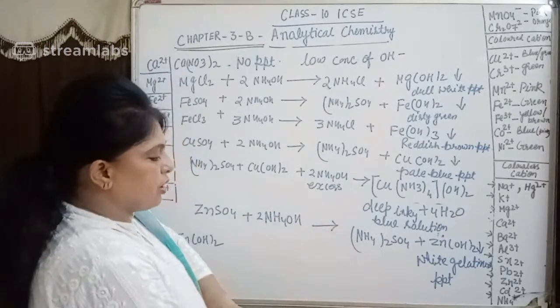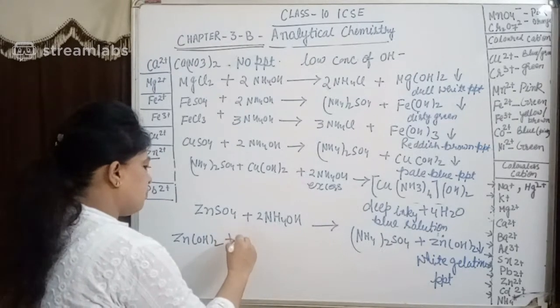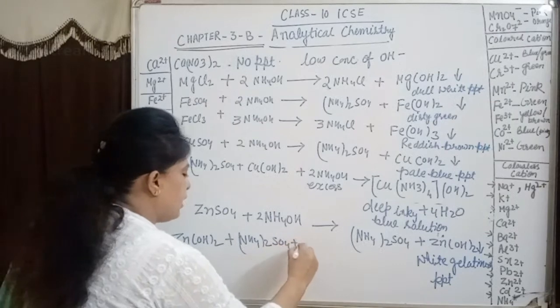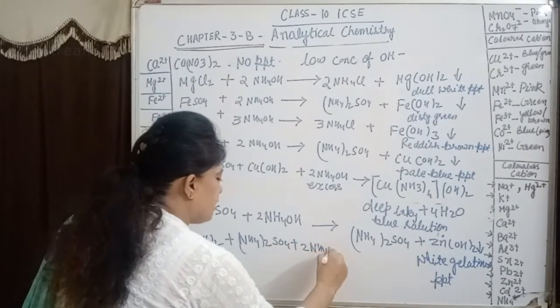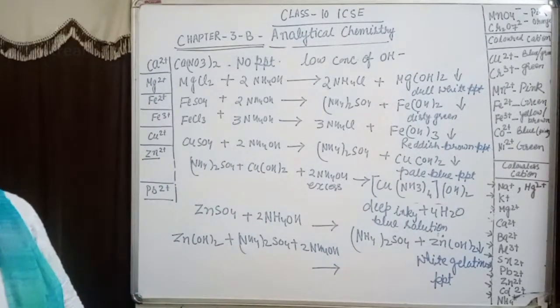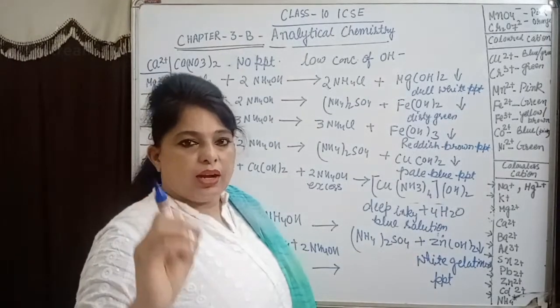So in the reaction mixture we have ammonium sulfate as well as zinc hydroxide, so plus (NH4)2SO4 plus 2NH4OH. Once again we are going to get a soluble colorless salt.